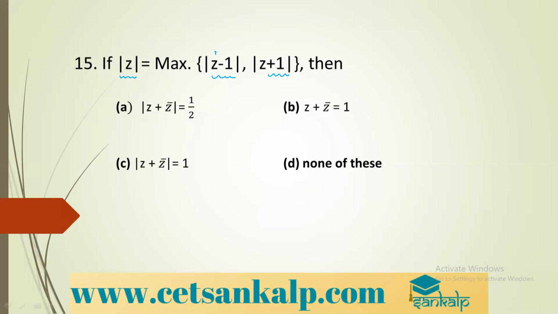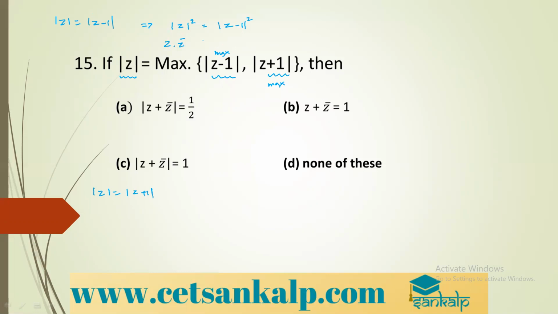If modulus of Z minus 1 is maximum, then modulus of Z will be equal to modulus of Z minus 1. If modulus of Z plus 1 is maximum, then modulus of Z will be equal to modulus of Z plus 1, whichever it is. So suppose modulus of Z is modulus of Z minus 1. Square both sides: modulus of Z square will be equal to modulus of Z minus 1 square. What is modulus of Z square?